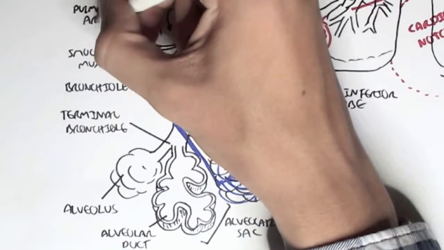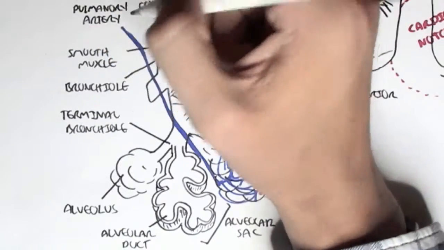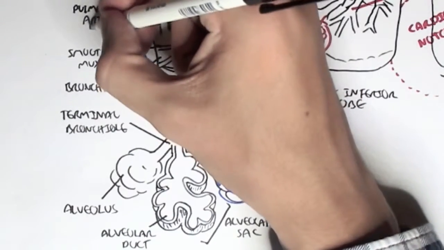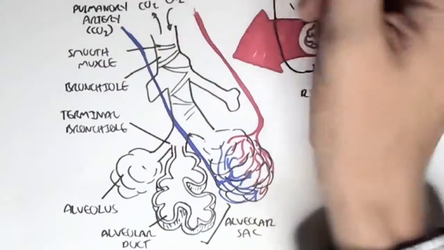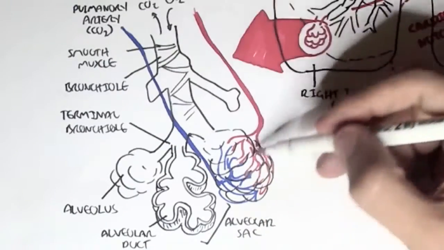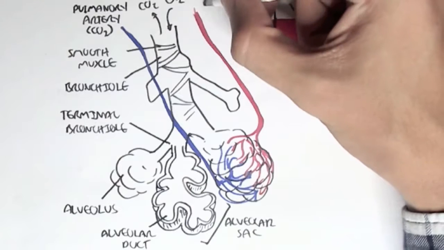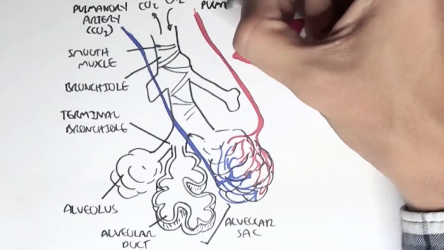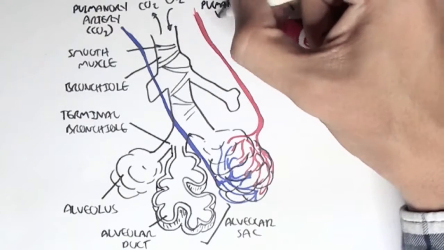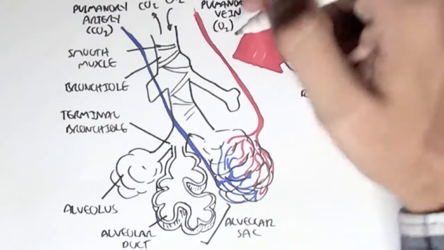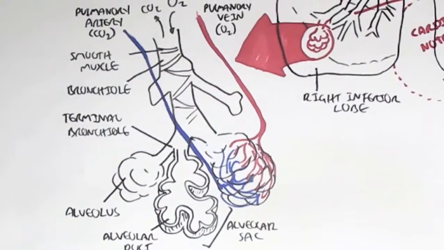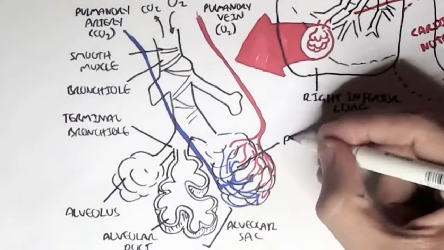The pulmonary artery will give CO2 to the alveoli, and the alveoli will give the pulmonary artery oxygen. And so now it is reoxygenated. It contains new oxygen. And then as the blood vessel leaves the alveolar sac and goes back towards the heart, it is now known as the pulmonary vein, because a vein always goes back to the heart.